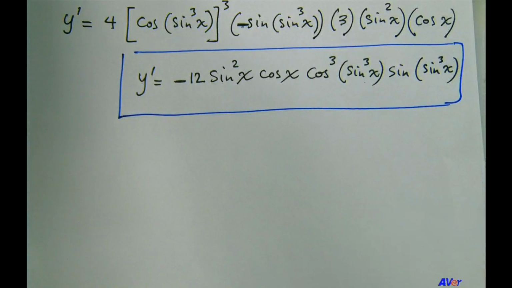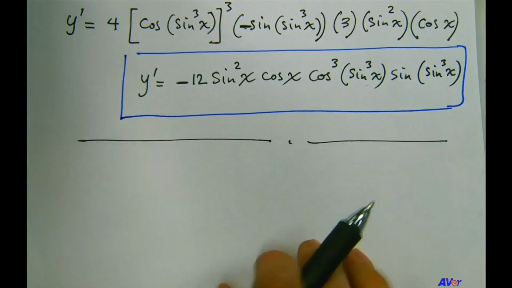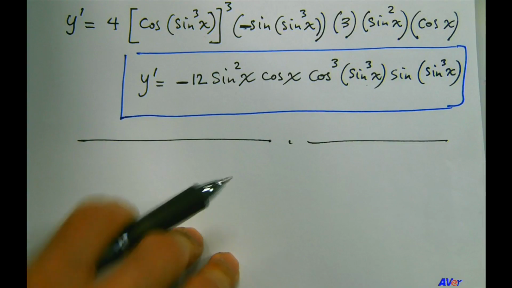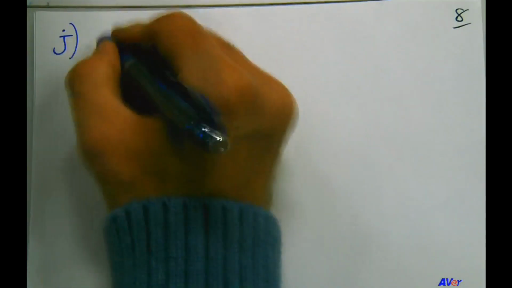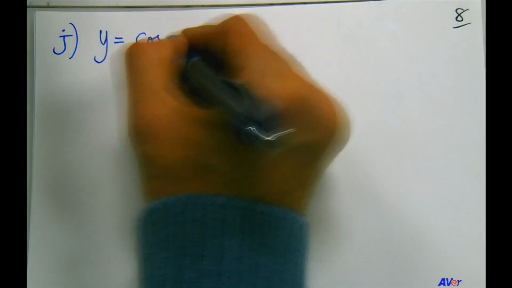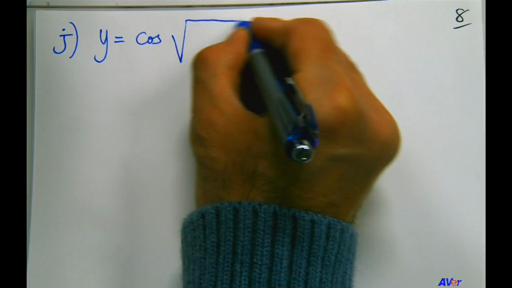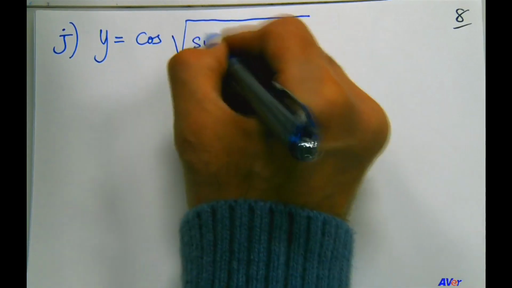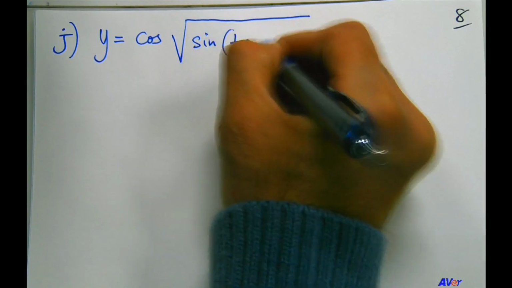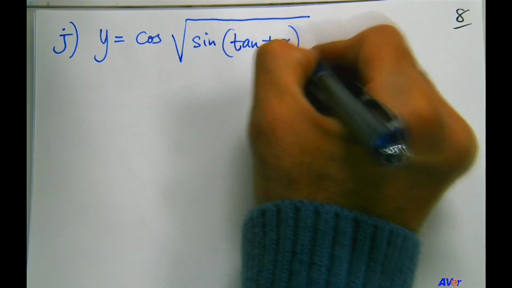Okay, so that's another example. Let's do another example. Suppose we want to find the derivative of cosine of square root of sine of tangent of pi x.